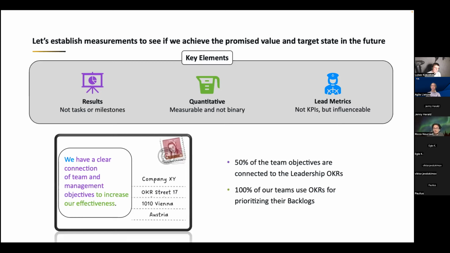Building on the example before, that could be, on the one hand side, 50% of the team objectives are connected to the leadership OKRs, or 100% of our teams use OKRs to prioritize their backlogs. Especially the second one is a leading metric. You can measure it at any point of time. You can ask the product owners. Everything of these two is a result and also clearly quantitative.